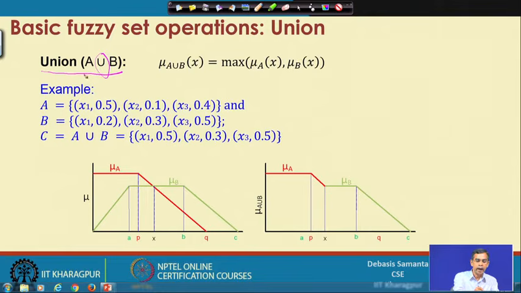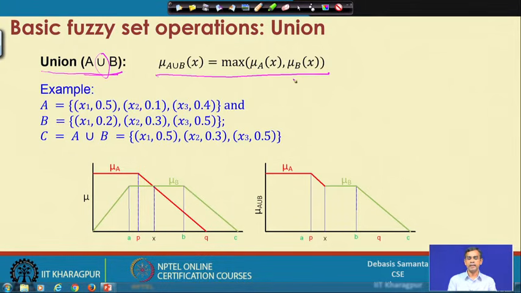So, A cap B denotes the union of two fuzzy sets A and B. Now, whenever the union operation is performed on two fuzzy sets, it will give the membership values for each element which belongs to the union of the two fuzzy sets. The membership values for different elements in the union of the two fuzzy sets are defined by this expression.